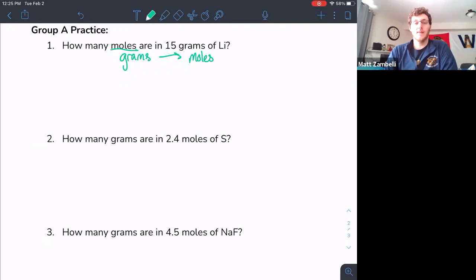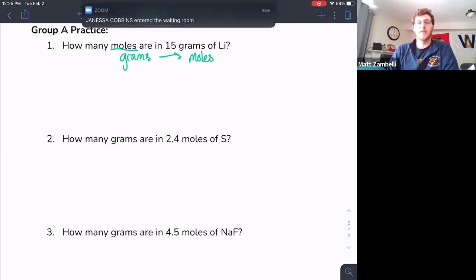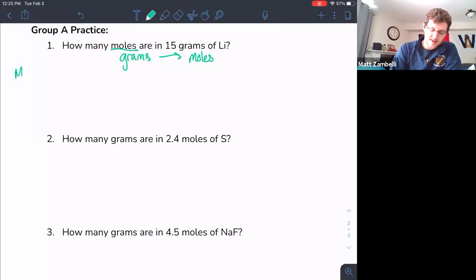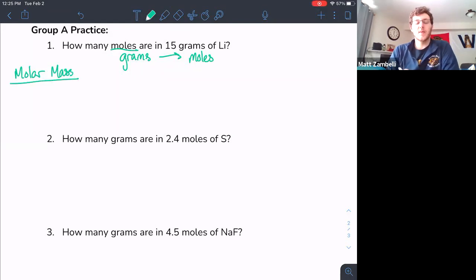It starts with an M. We find it on the periodic table. Mass. Perfect. We're going to need that molar mass. So we need the molar mass to go from grams to moles or to go from moles to grams. So what's the molar mass going to be for lithium? Who knows it or who can find it?